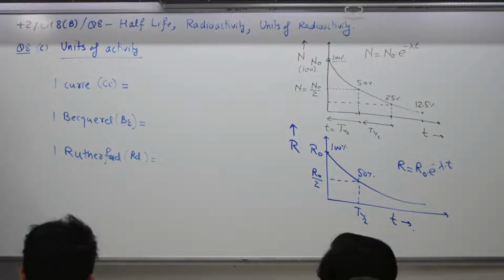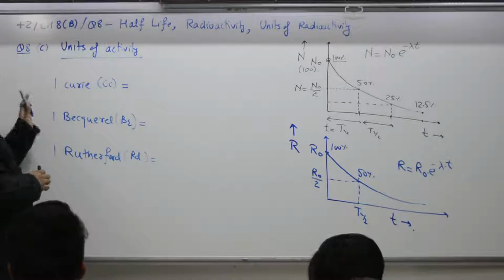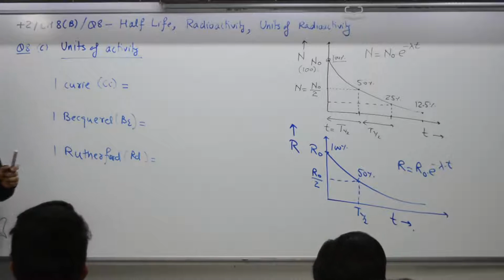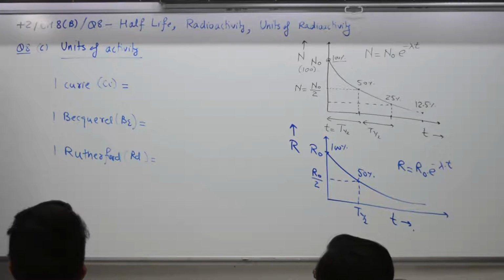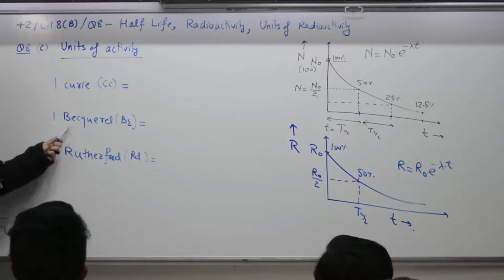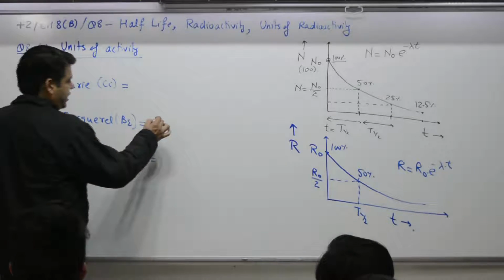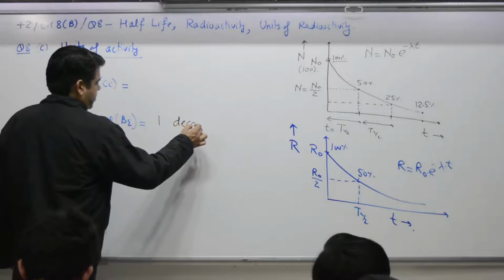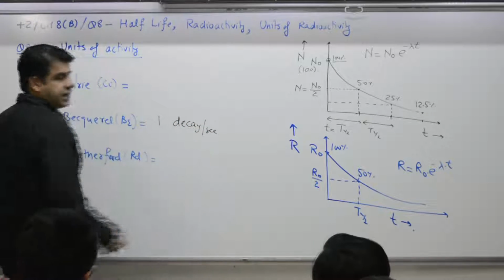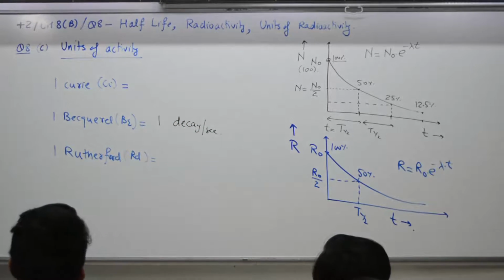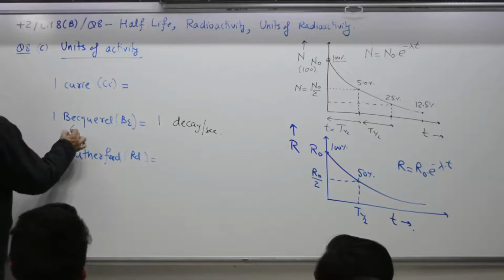Question number 1, competition. Which one is the SI unit? Becquerel. 1 decay per second. Agreed? 1 becquerel is 1 decay per second. This is the SI unit.